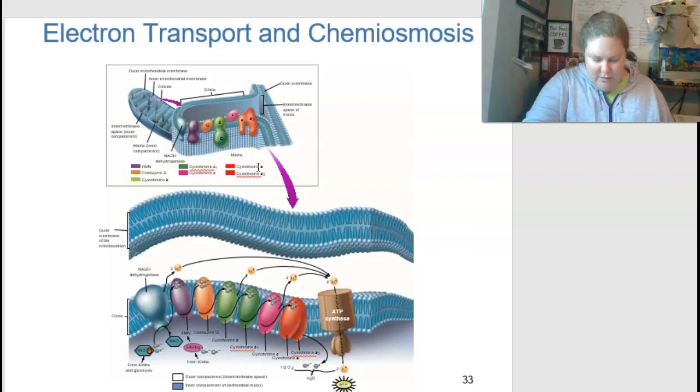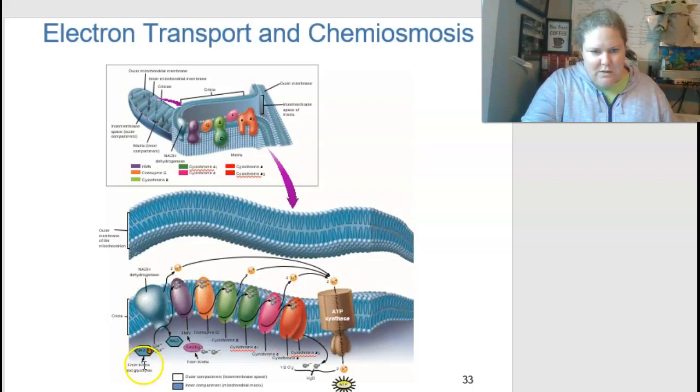Then we have our ATP synthase, over here. These little guys are complexes, and this is where they're dropping off those hydrogens. Your input is going to be NADH, and your output is going to be NAD+, because you just drop off those hydrogen passengers. Then those hydrogens are shuttled across the membrane, and they go against their concentration gradient.